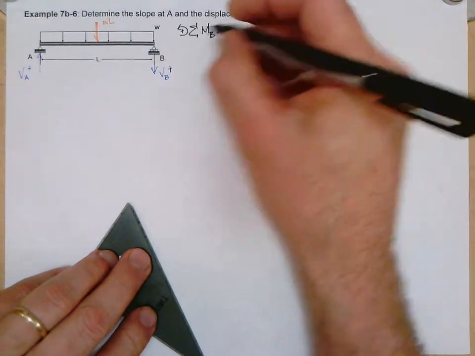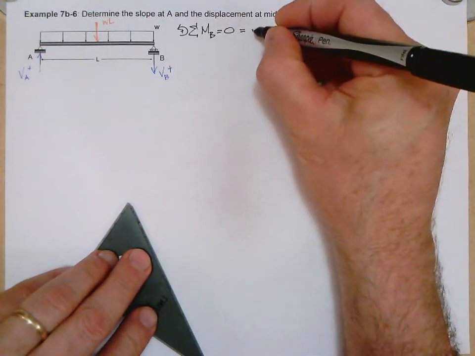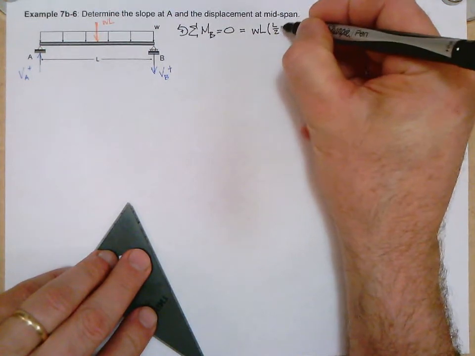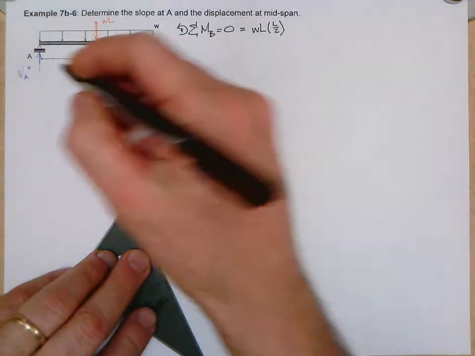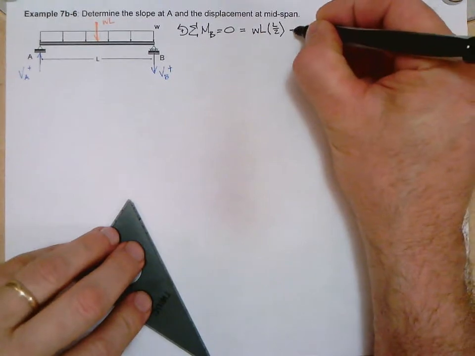And when I do that, you'll see that this force WL creates positive moments. So the force WL times the distance of L over 2 to the centroid. And then my reaction, the shear at A, creates negative moment.